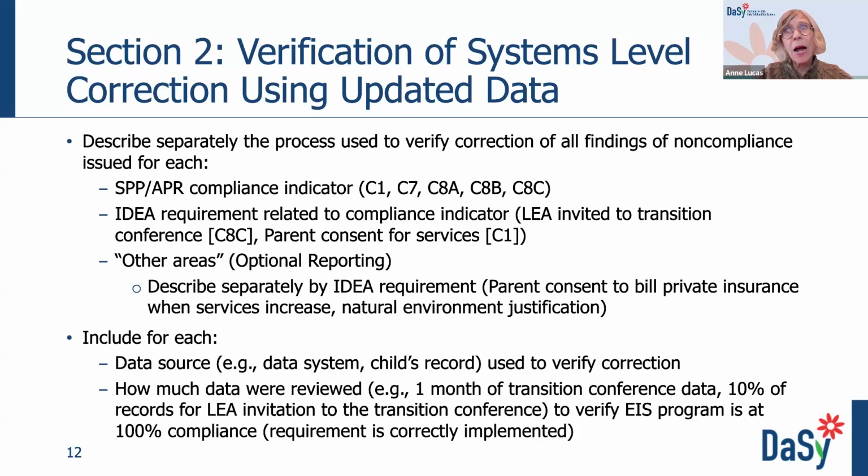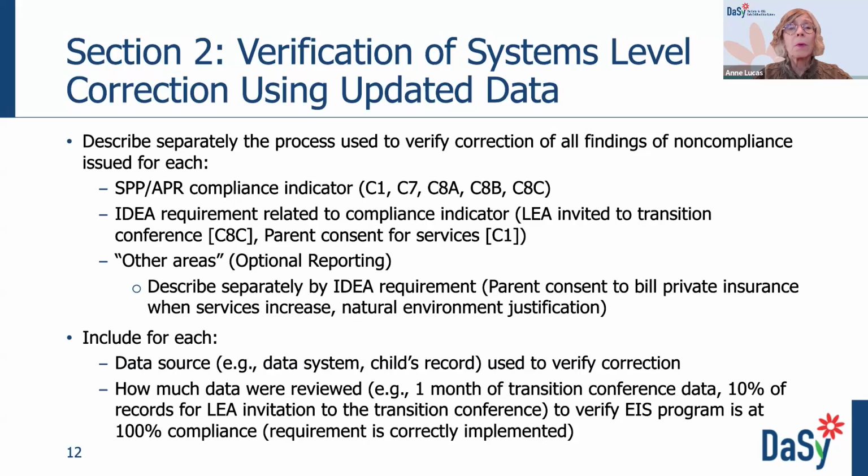But you should describe that, and then separately, you should describe it by the actual IDEA related requirement. I say that because there may be different information for each of those items.